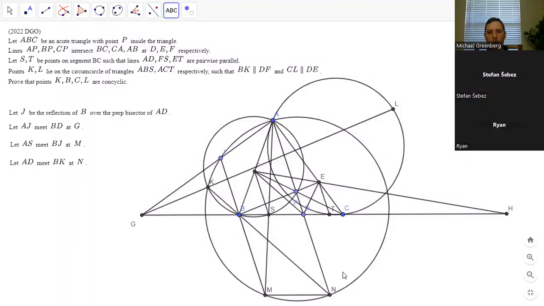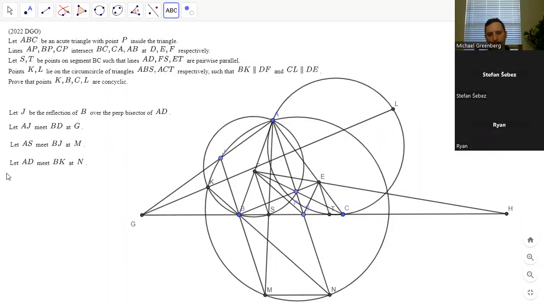But first we prove that MN is parallel to BC because AS over SM is AF over FB, which is AD over DN.